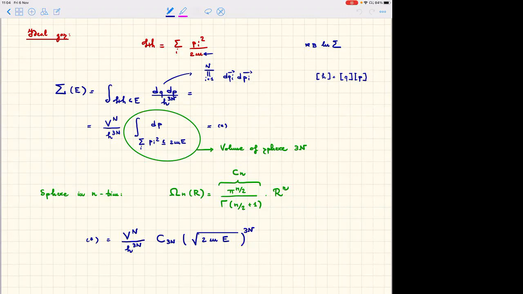Now, before I start, this is something you will understand later on, but the microcanonical ensemble is not exactly the simplest possible ensemble to be used in statistical mechanics.